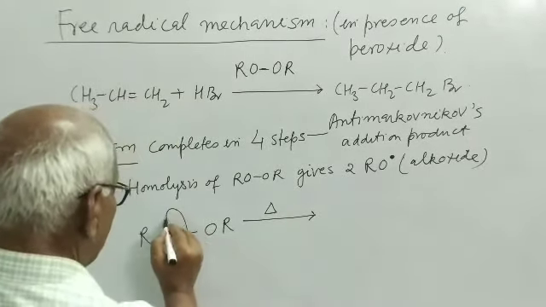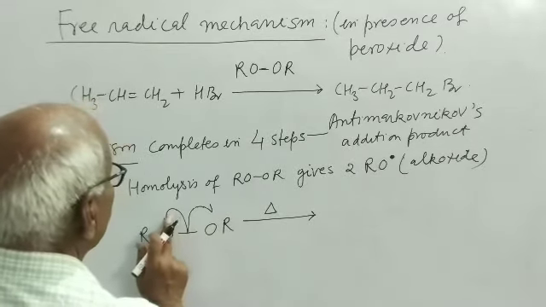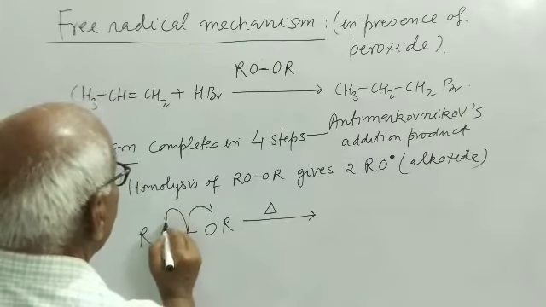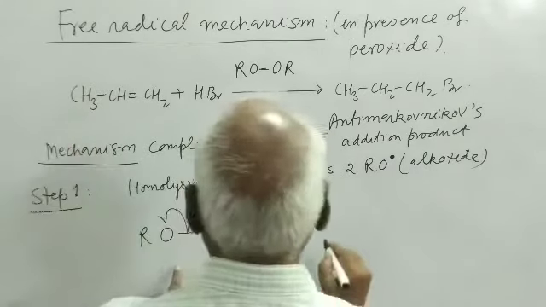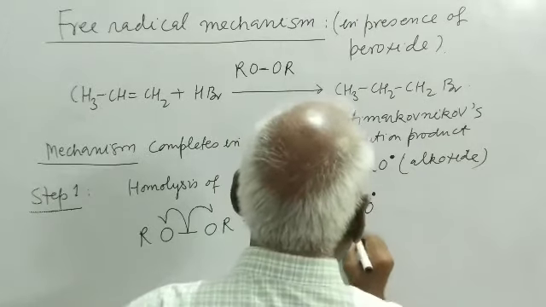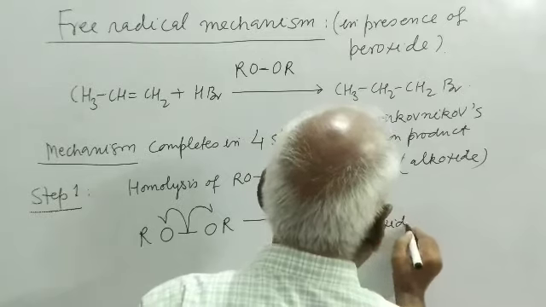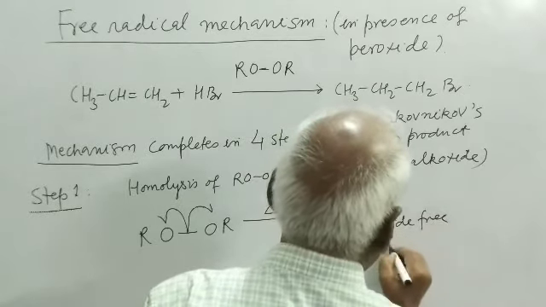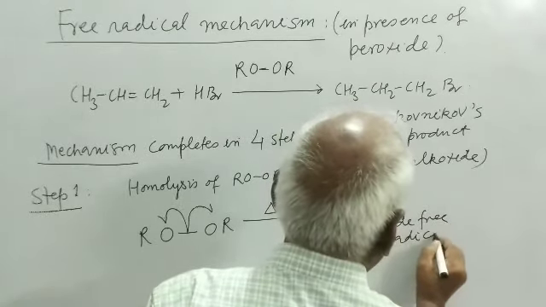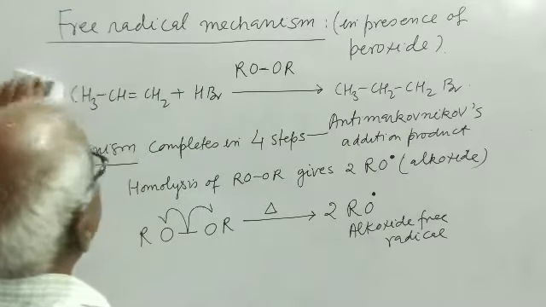One electron goes over here, one electron goes over here. This single arrow represents the alkoxide free radical. Alkoxide free radical initiates the reaction.